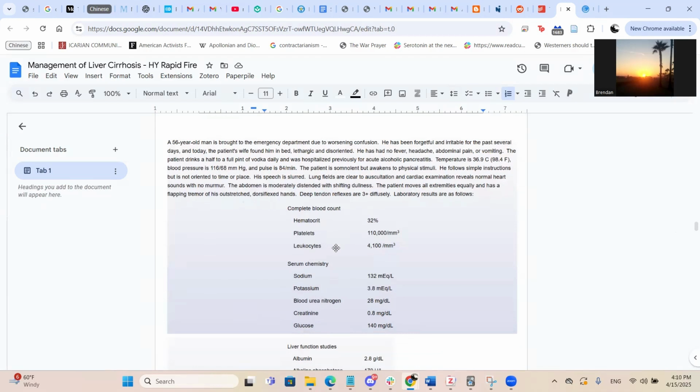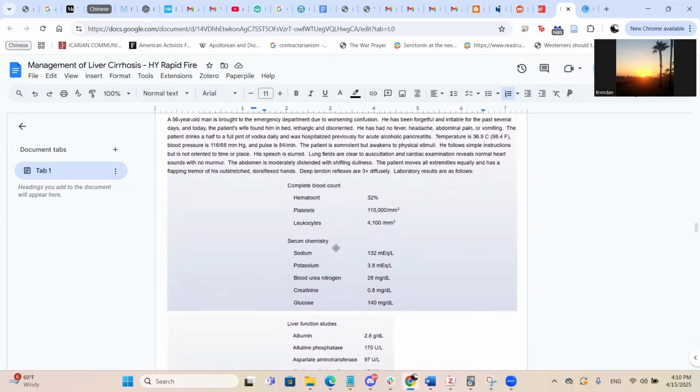Next question. A 56-year-old man is brought to the emergency department due to worsening confusion. He's been forgetful and irritable for the past several days, and today the patient's wife found him in bed, lethargic and disoriented. He's had no fever, headache, abdominal pain, or vomiting. The patient drinks half to a full pint of vodka daily and was hospitalized previously for acute alcoholic pancreatitis. Temperature is 98.4 Fahrenheit. Blood pressure is 116/68.